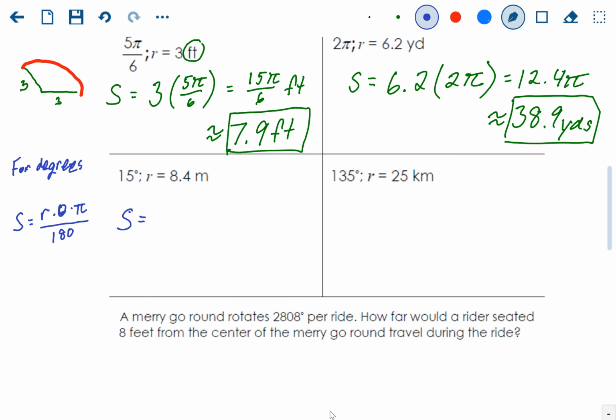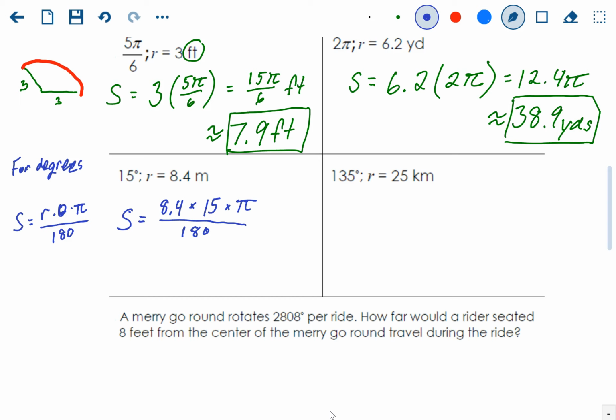S equals the radius, 8.4, times theta, okay, which is 15 degrees right now, times pi, the whole thing over 180. Again, just type that all into the calculator all at once. 8.4 times 15 times 3.14 divided by 180.